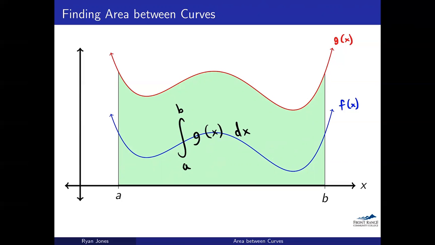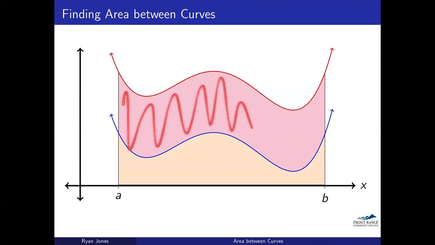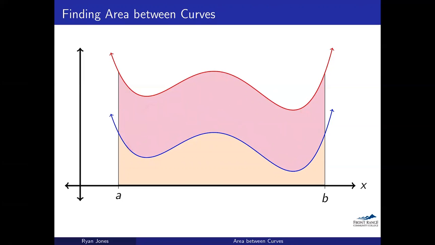So we have two different integrals, one for the area under the red and one for the area under the blue. Watch the colors here, because we can separate these. If we want to find just this inner area in the middle, this pinkish color, we could take the area underneath the red, both the pink and this beige, brown color, and subtract off the beige brown color.